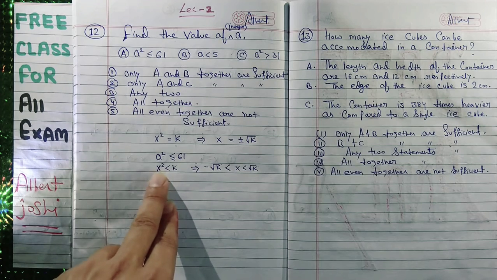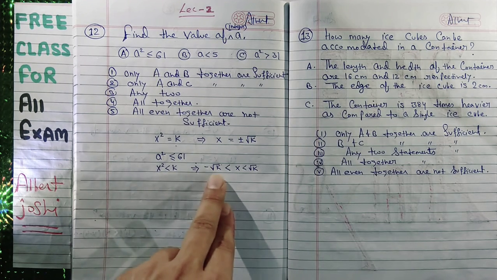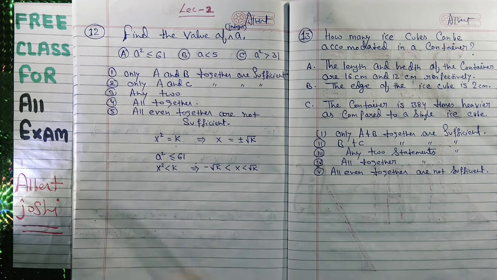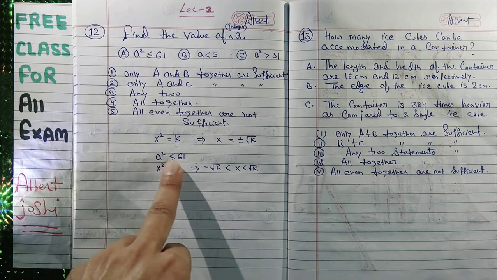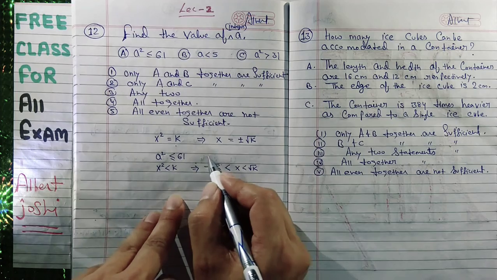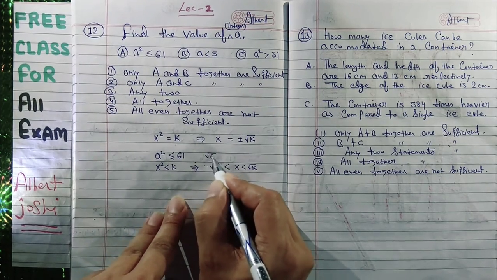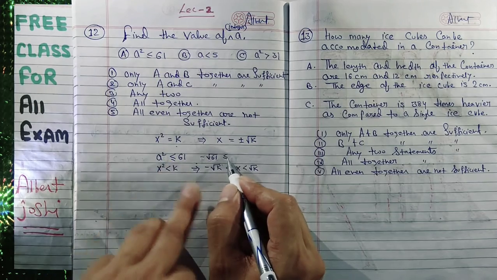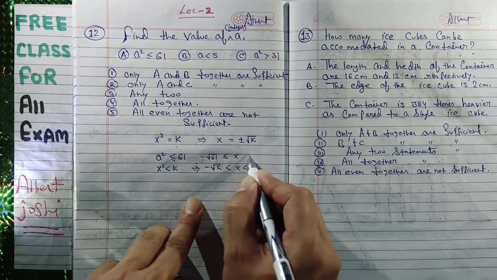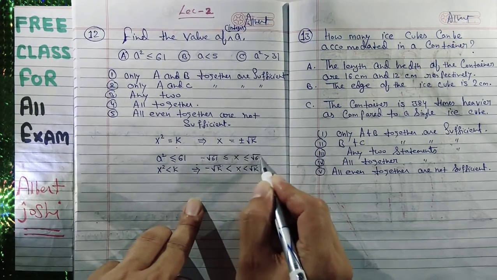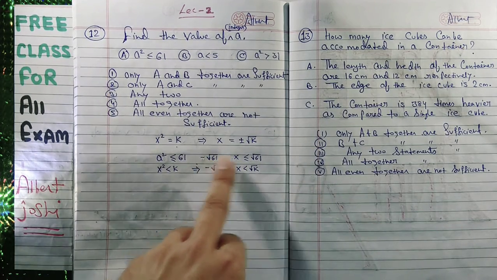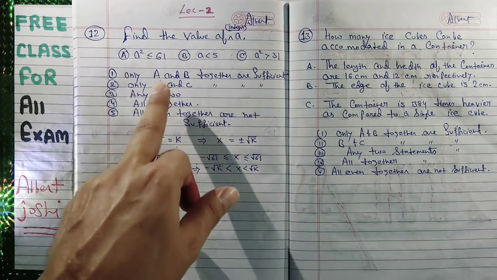So x square less than k means x belongs to this interval. Similarly, a square is less than or equal to 61 implies that minus square root of 61 is less than or equal to x is less than or equal to square root of 61. So x belongs to this, but x is an integer.